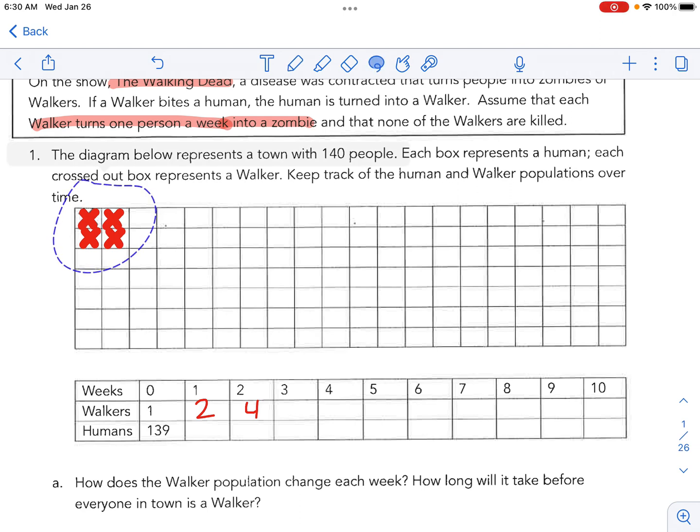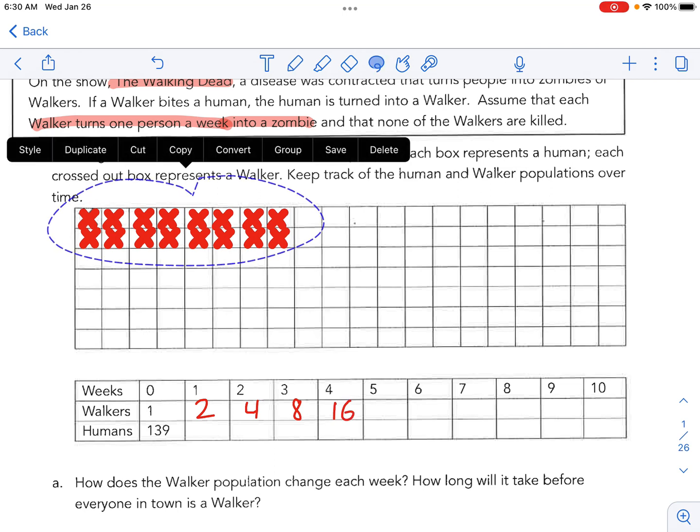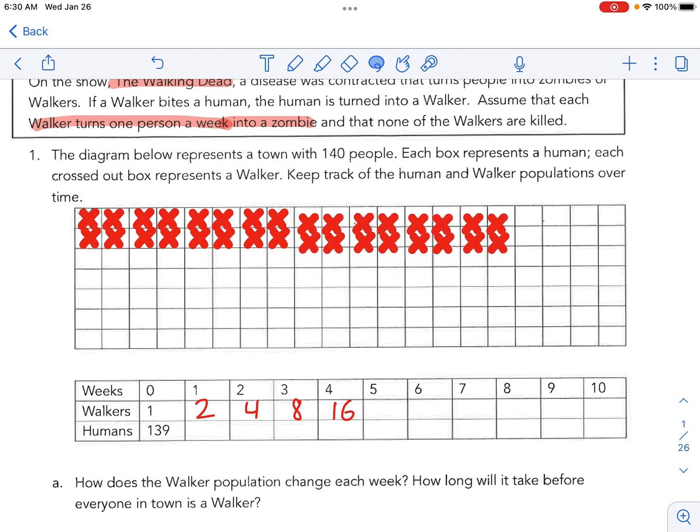And if they each bite a person, that means we've got 4 more zombies in the population, so we have a total of 8. And we continue. The following week, these 8 zombies bite somebody, and we now have 16. And the week after that, those 16 zombies all bite a person, and we now have 32.